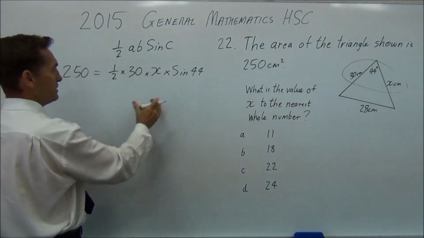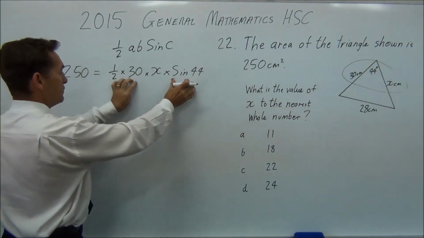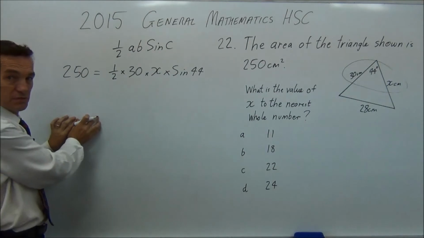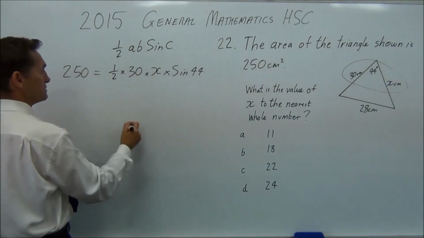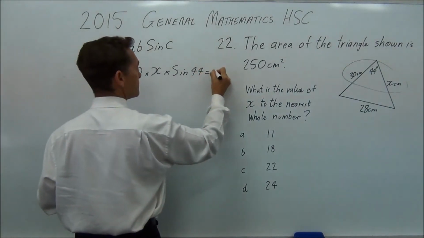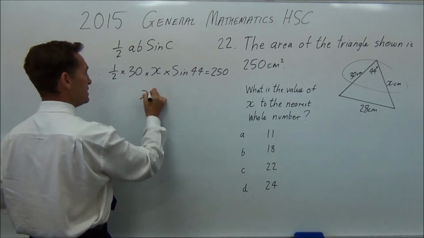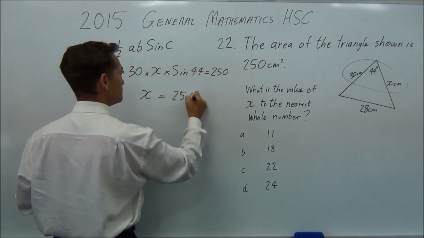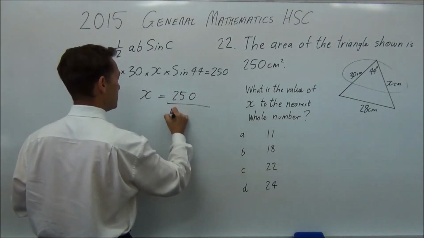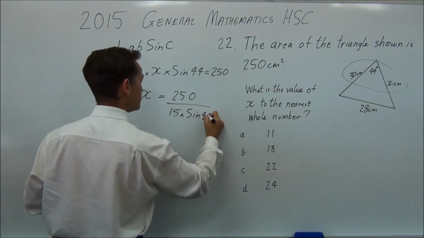Well, half of 30 is 15, so we've got 15 sine 44, and we're going to move that onto the bottom on this side. We're going to divide. So we're going to end up with x equals 250 divided by 15 times sine 44.